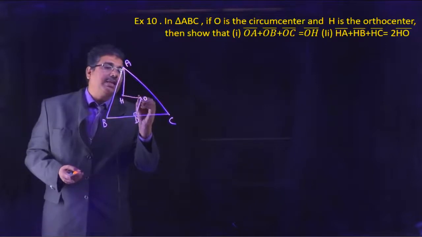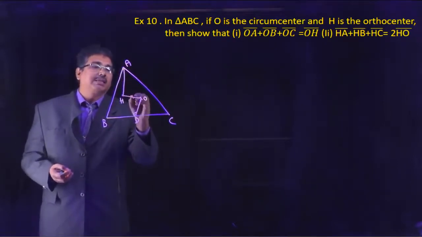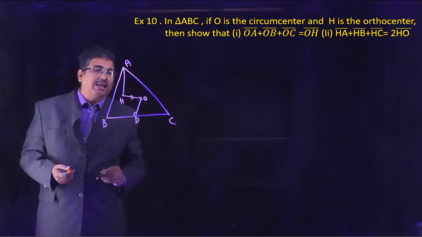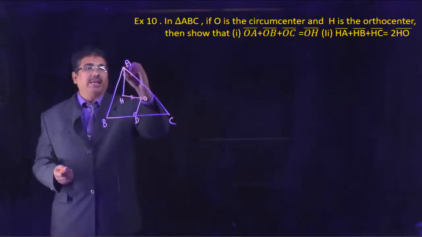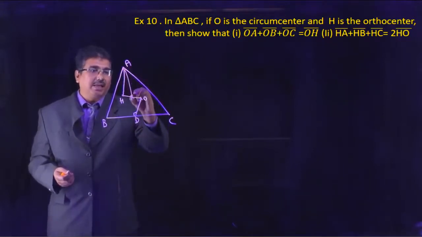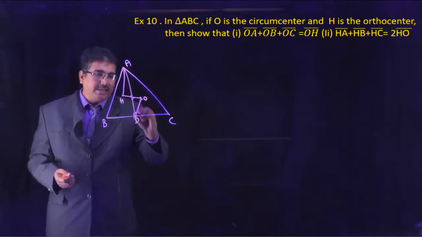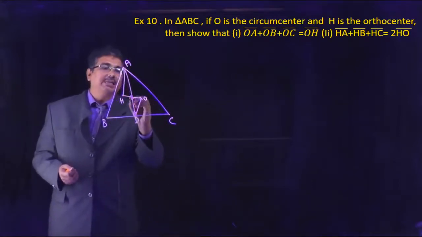Now join these two points. Suppose this is the centroid of the triangle, G. Now draw a median. This is a median, and this is G.